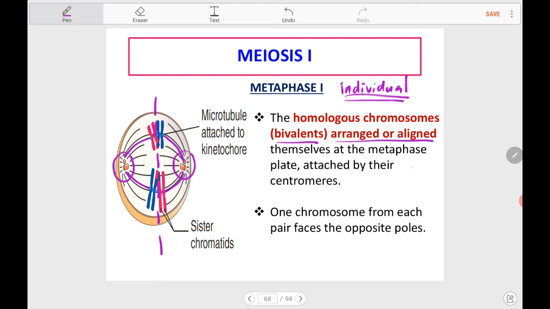Kalau dalam mitosis, setiap satu kromosom, spindle fiber coming from opposite pole will attach to the same centromere. Another process that occur during metaphase 1 of meiosis that is not the same during metaphase of mitosis.